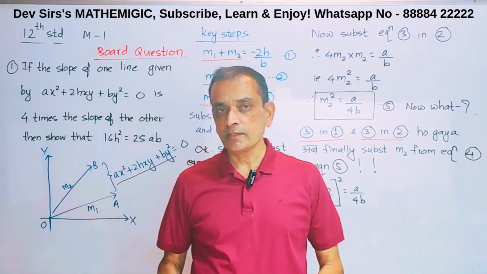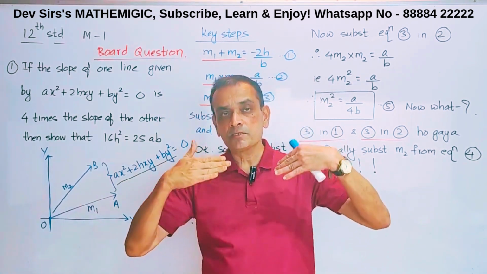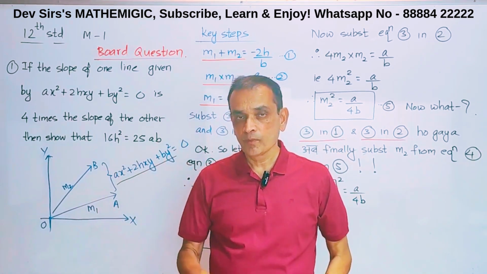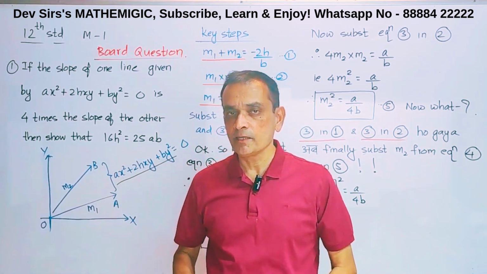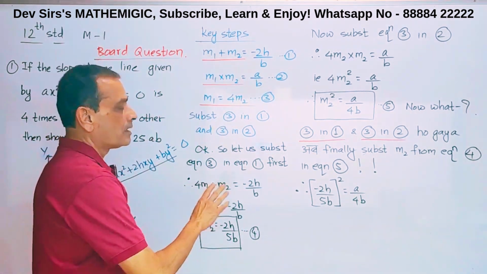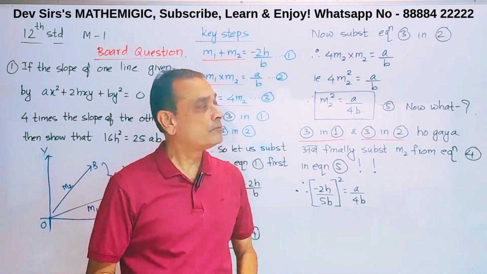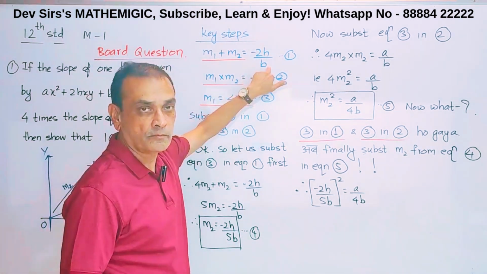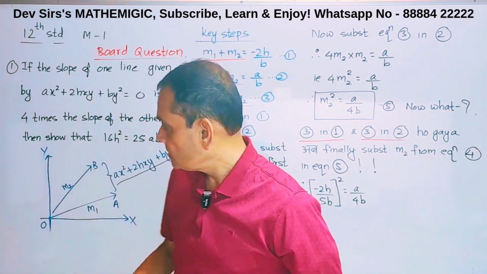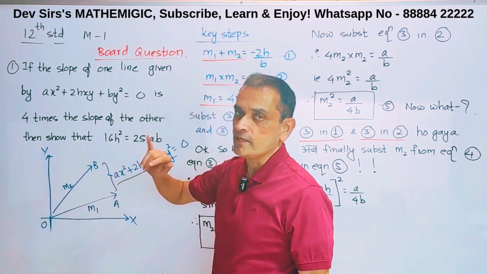So friends, remember what the step is: when one slope is given certain times the other, 3 equations are required. Which 3 equations? The sum of slopes formula: M1 plus M2 equals minus 2h upon b, where M1 is the slope of OA, M2 is the slope of OB.